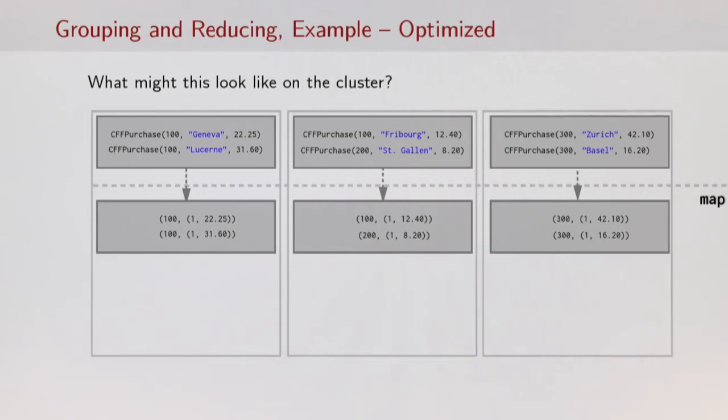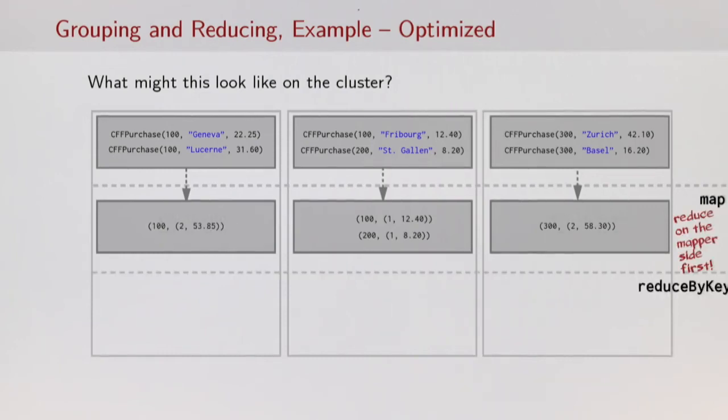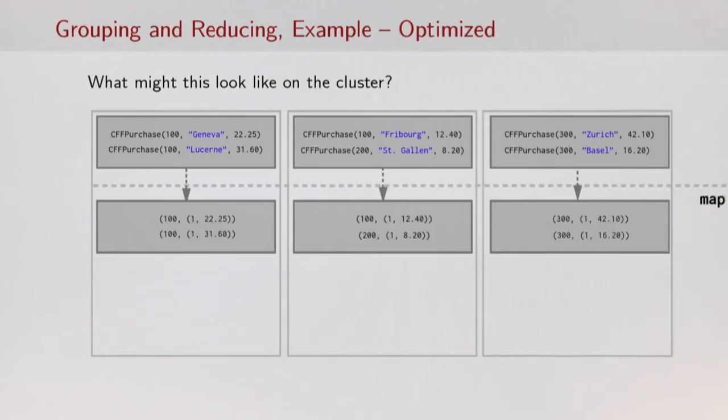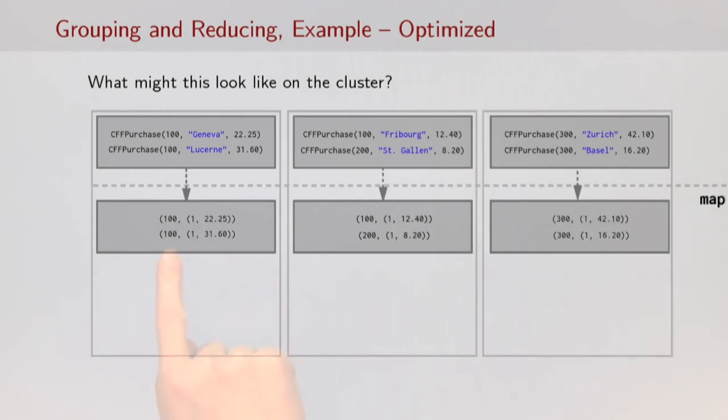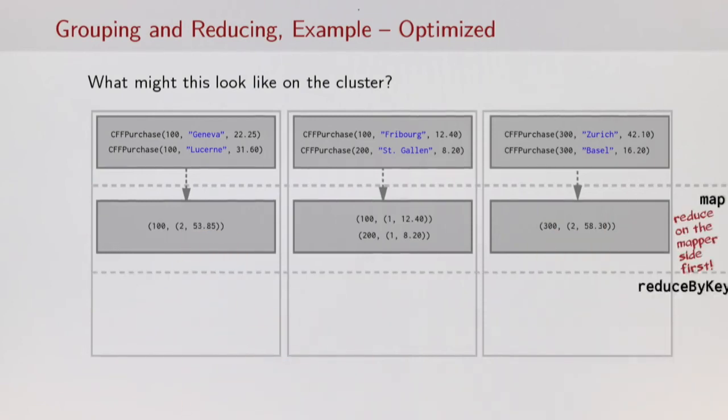Well, since reduceByKey reduces the data on the mapper side first, the pairs on our three nodes are reduced and they look like this. So here's before, here's after. What we had was two elements with key 100 on this node, two elements with key 300 on this node. We could reduce them together into a single element that looks like this.